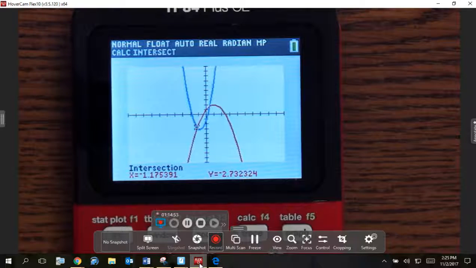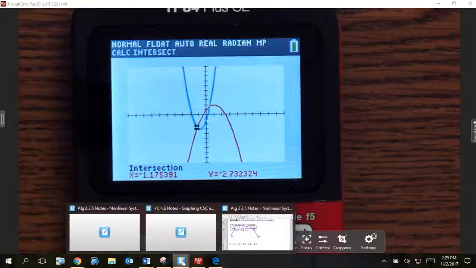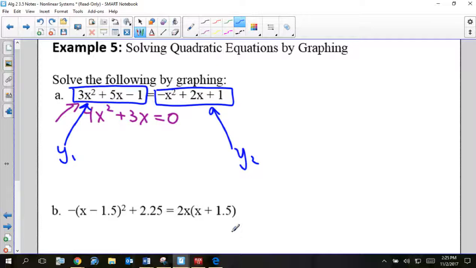But remember, I'm only solving for x. So I'm only looking for x is approximately -1.18 for my first answer. That's my first x, rounded to the nearest hundredth.